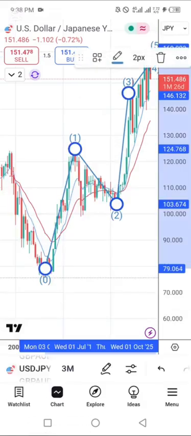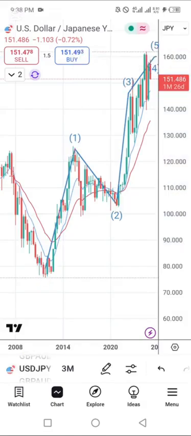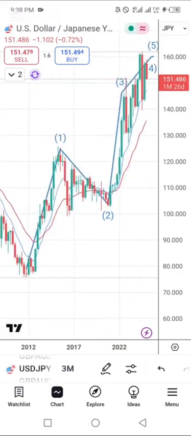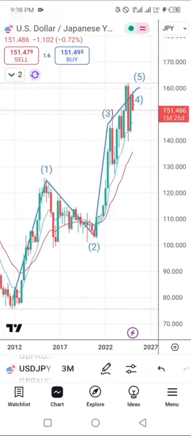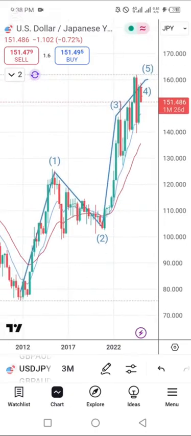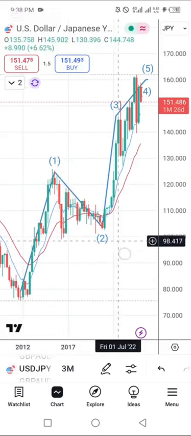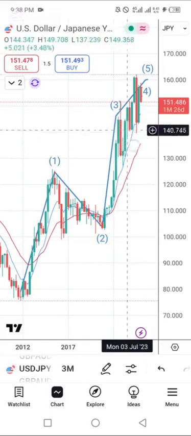Okay, we are actually in wave 4 according to my own strategy, how I see it actually. Look at it. This is 1, 2, 3, and 4.